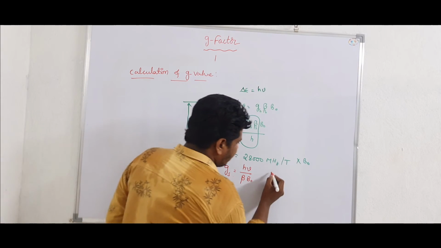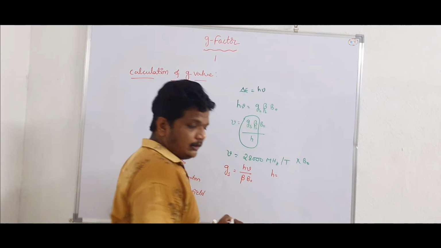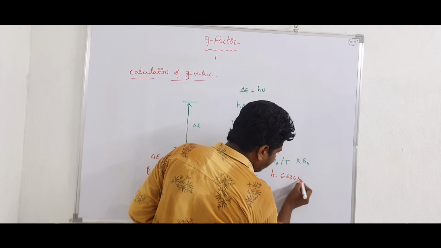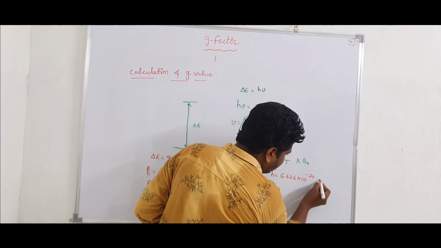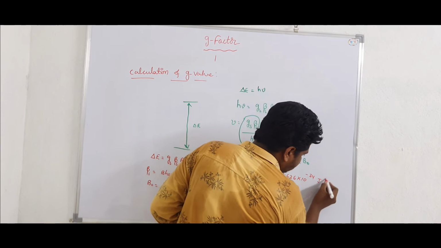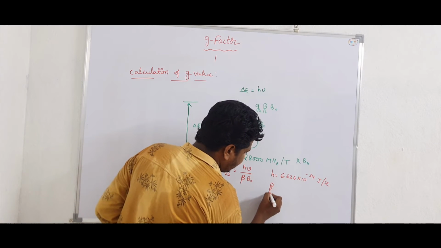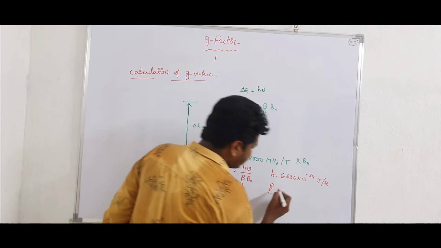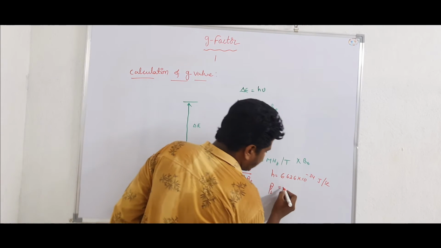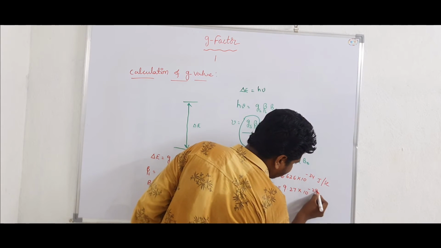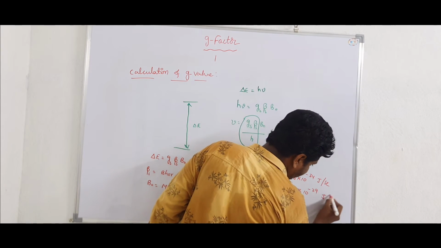We know that h is the Planck constant, 6.626 into 10 power minus 34 joule seconds, whereas beta S is the Bohr magneton, which is 9.27 into 10 power minus 29 joules per Tesla.